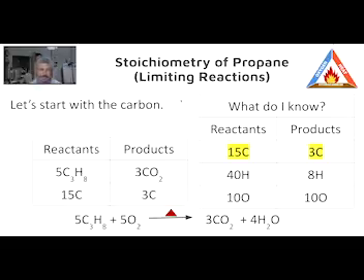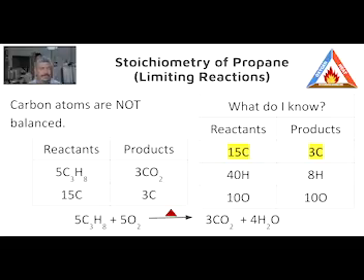Let's again start with the carbon. Carbon for the reactants is found only within the propane molecules. Each propane has 3 carbon atoms, and we have 5 moles of propane. 5 times 3 is 15, thus 15 moles of carbon. We start off with 3 moles of CO2, and that gives us 3 moles of carbon atoms. This is not balanced. What would you do to balance the reactants and products for carbon?